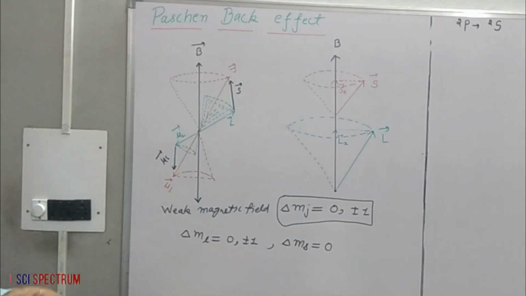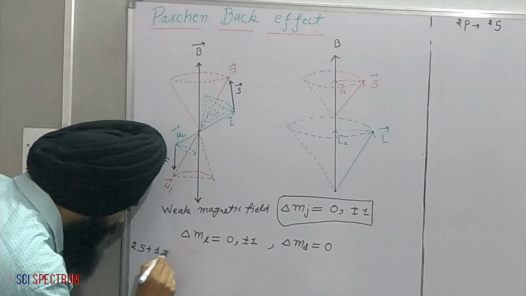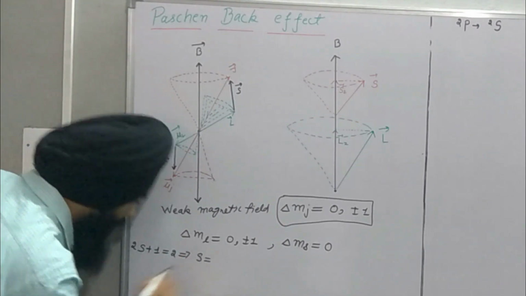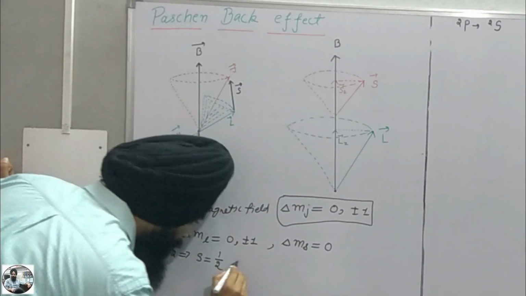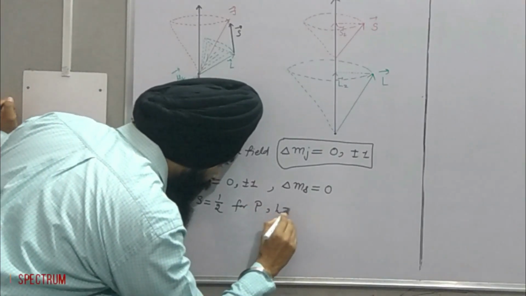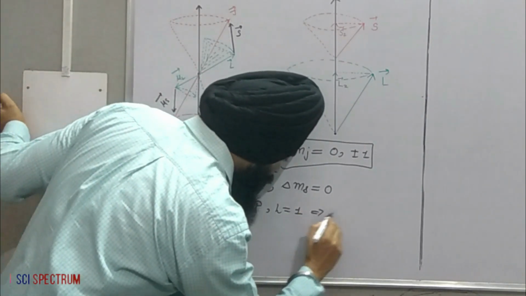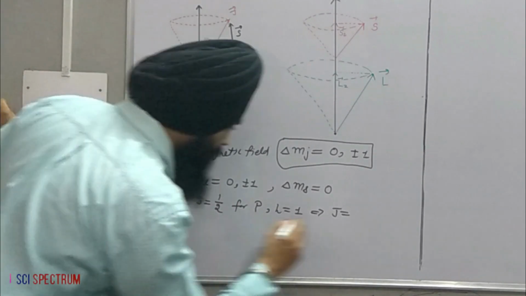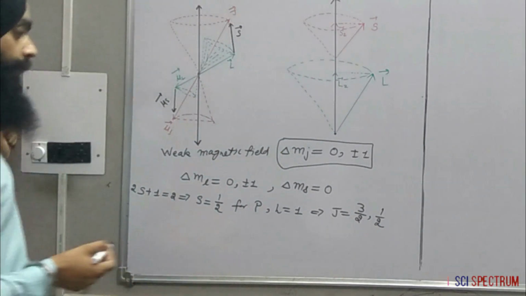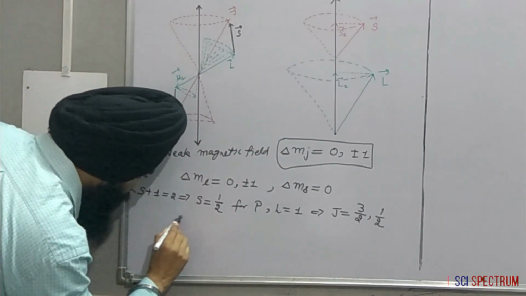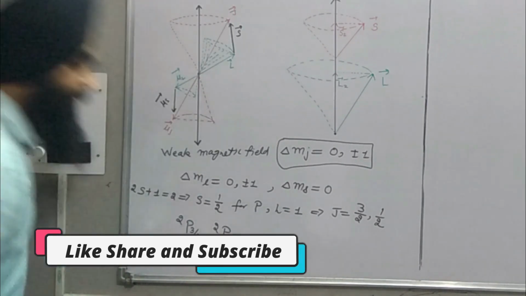Let us first of all find out the term values. Corresponding to S, multiplicity 2S plus 1 is equal to 2, so we have the value of S equal to 1 by 2. For P state, the value of L is 1, and for S and L combining together we can find out the value of J, which is equal to 3 by 2 and 1 by 2. So the term values come out to be 2p 3 by 2 and 2p 1 by 2.